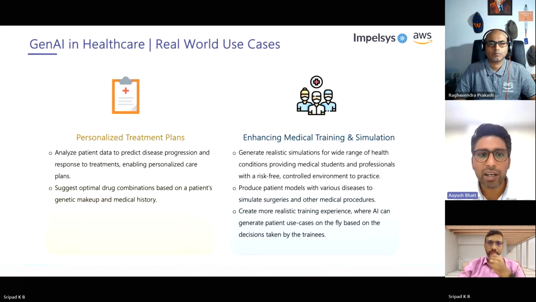From the Impulses side, we have helped several of our customers to create more realistic training experiences using the Gen AI toolsets on the AWS cloud platform. Furthermore, we also have some Gen AI offerings with respect to chapter summarization, Q&A generation, important pointers generation, etc. And these offerings can be integrated into healthcare training and simulation solutions.